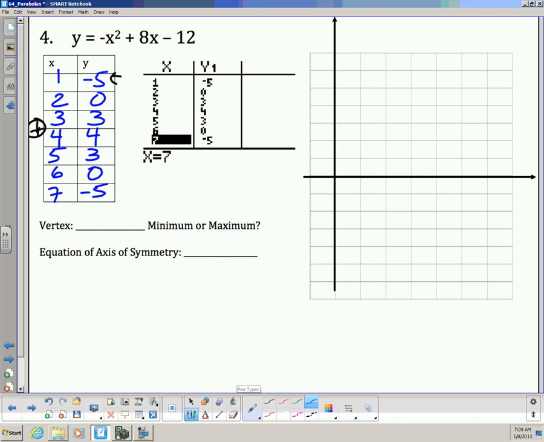And so now I have 1, negative 5. 2, 0. So I should really be labeling everything.